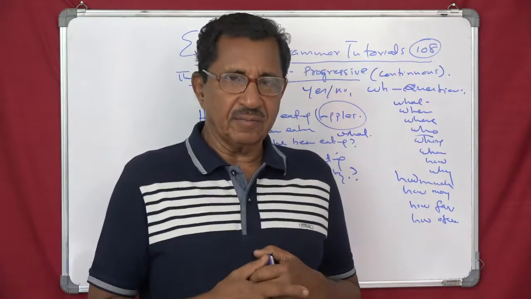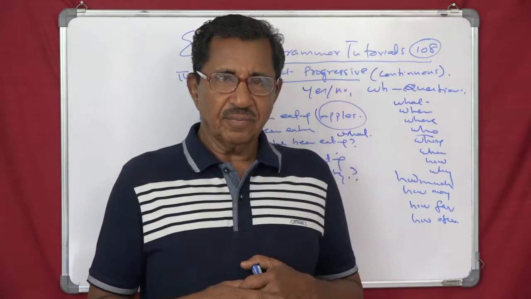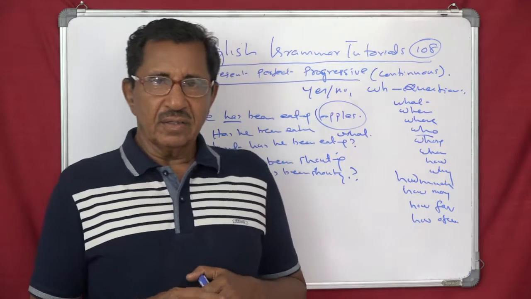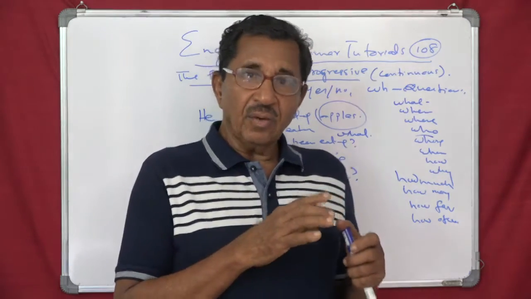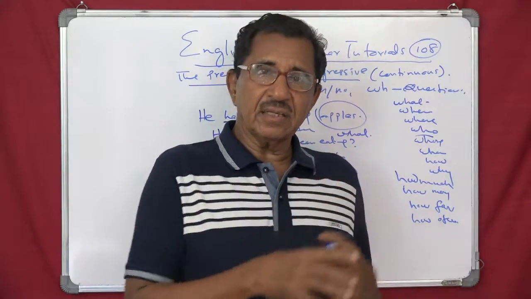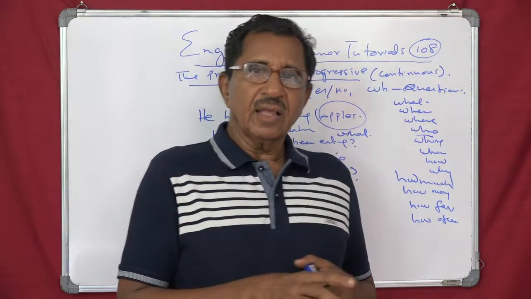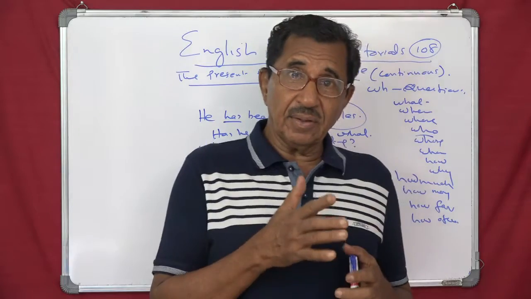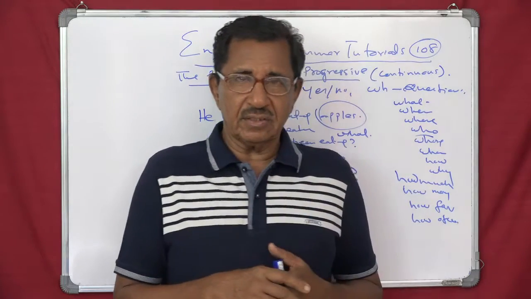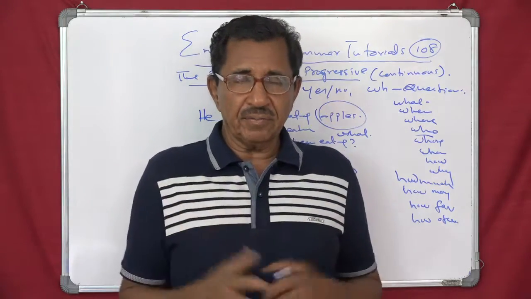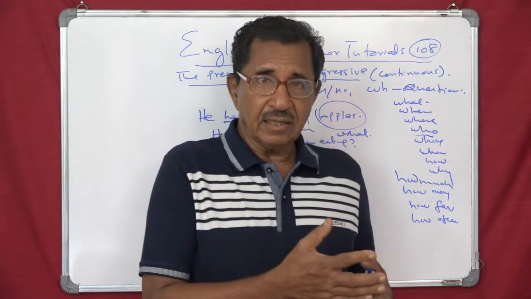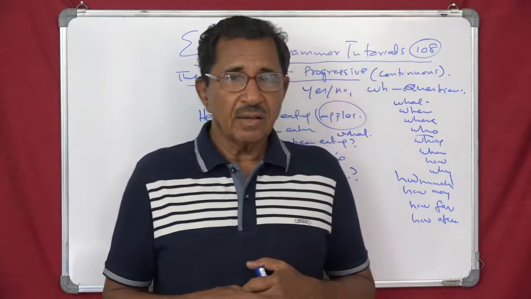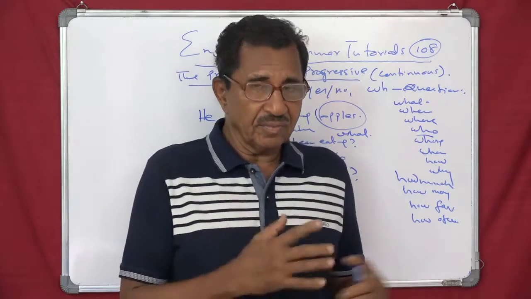How often? They have been staying at the foot of the mountains for a very long period of time. Then you can say, how long have they been staying at the foot of the mountains? How long have they been?